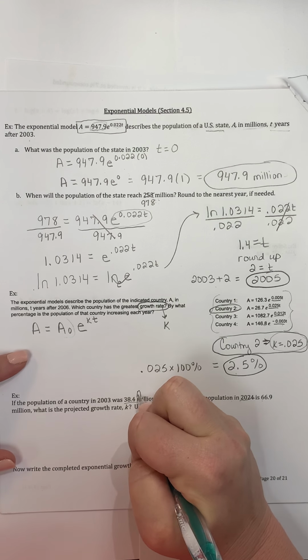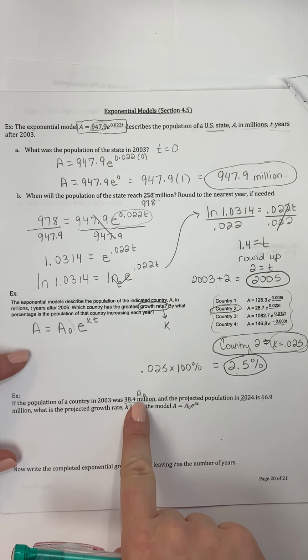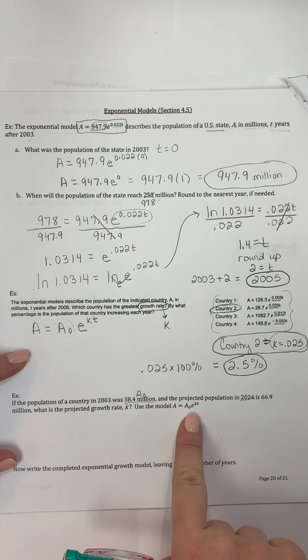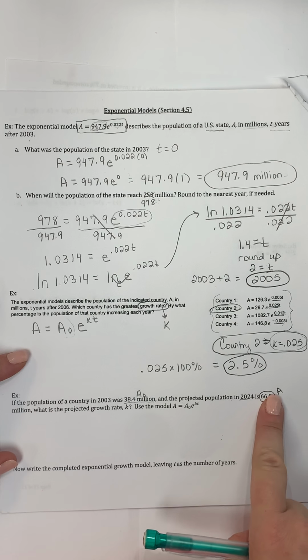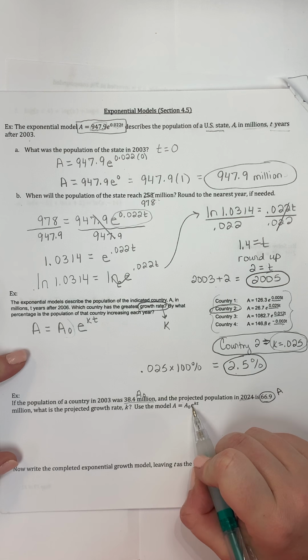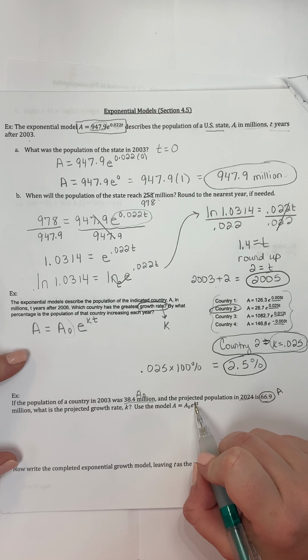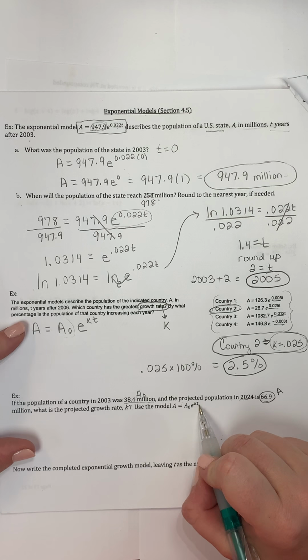This is A sub 0, the original population. This is regular A, the projected population. E is in your calculator. K we're solving for.